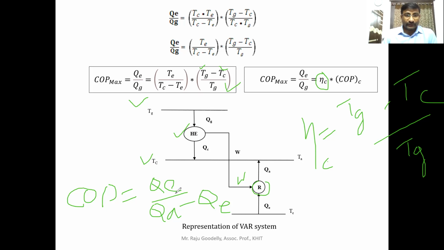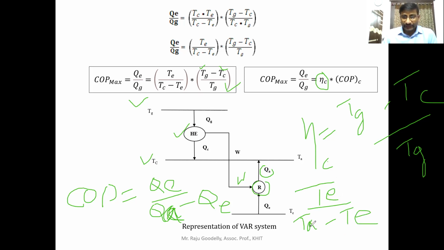Otherwise, in terms of temperature, QA is the heat given to the absorber, the heat rejected to the cooling medium, which can also be written as QC. In terms of temperature, it is TE divided by TA minus TE. Isn't it? TA and TC are equal.